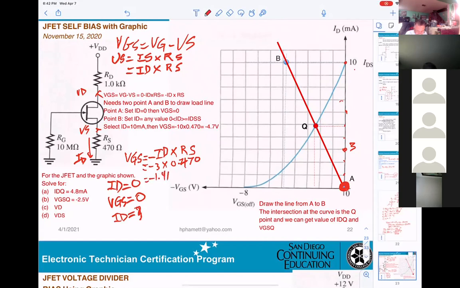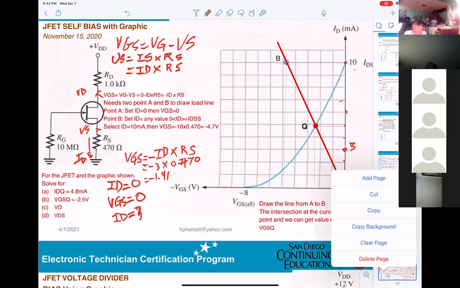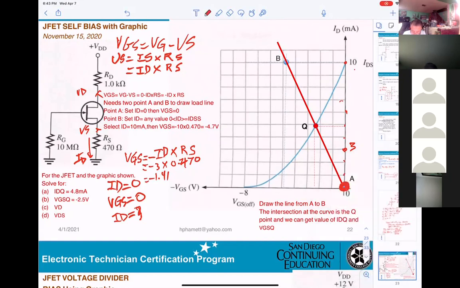This is between -1 and -2, at about -1.41. So you get 3 in here, you draw the line, and you get -1.4 right here.